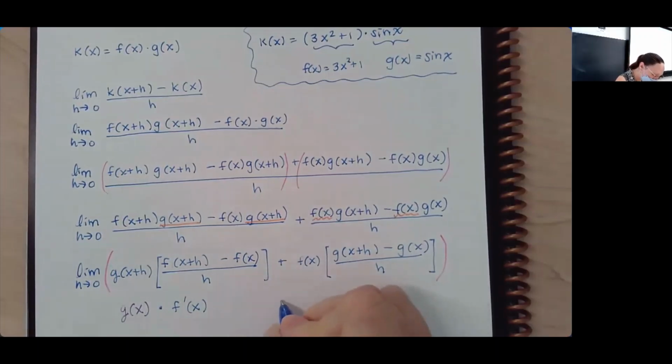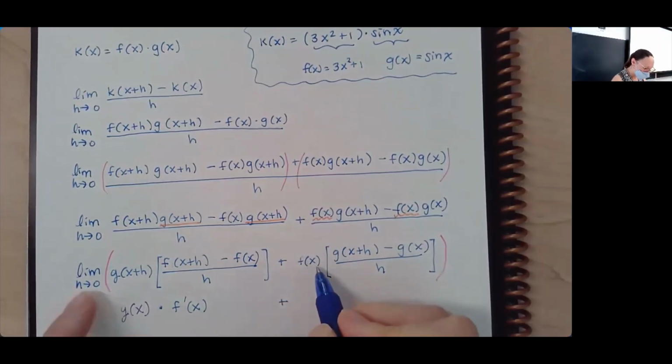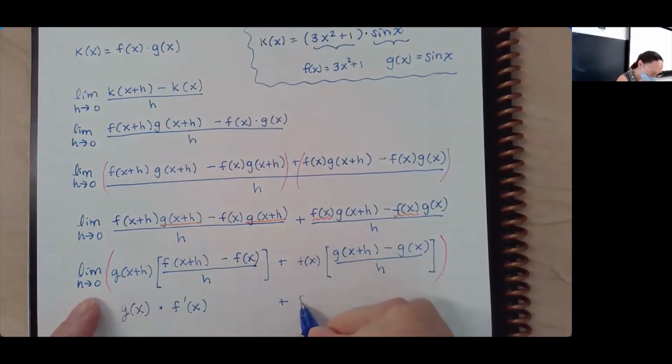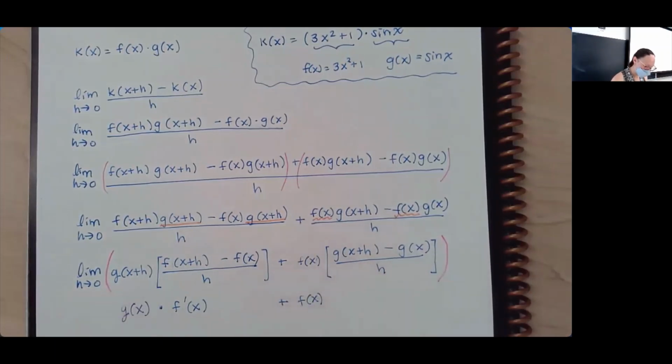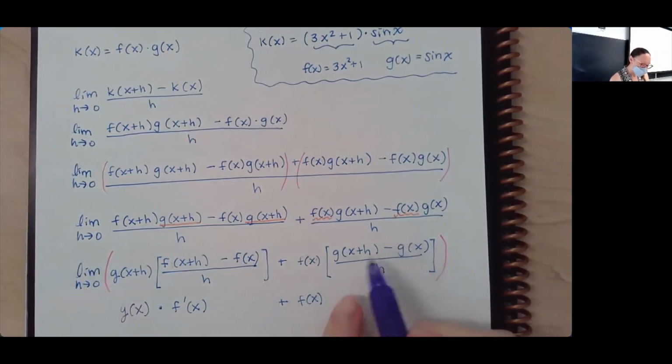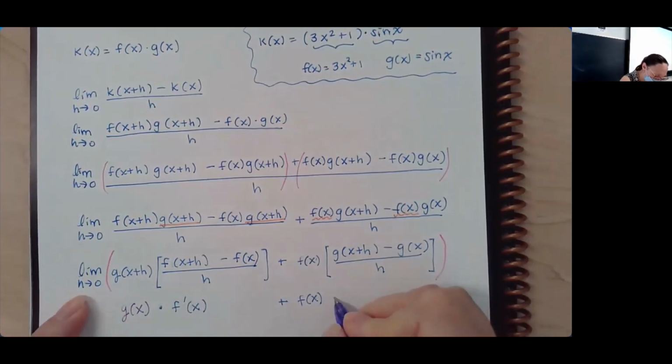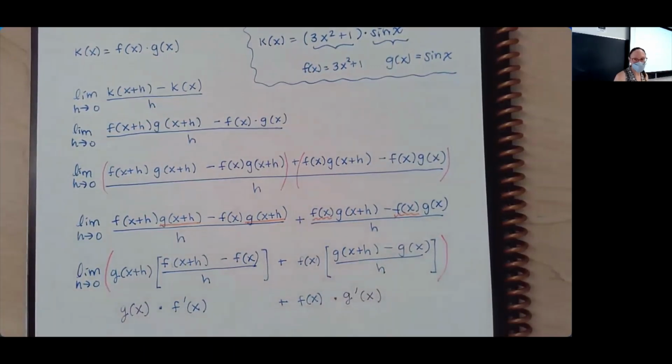Here at the back, there isn't even anywhere for me to plug in the 0 here. So it is just f of x. And then all of this mess, g of x plus h minus g of x all over h in the limit as h approaches 0 is our definition for g prime of x.